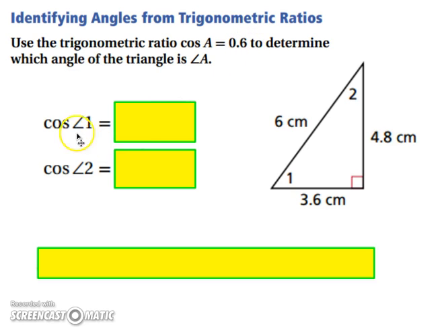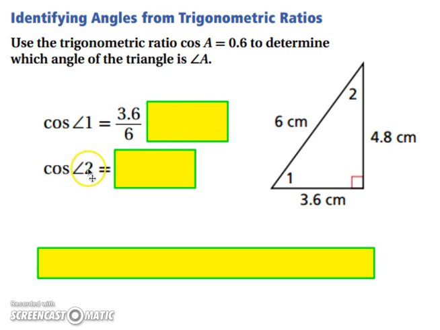So let's try to figure out whether angle 1 or 2 is in fact angle A. Well, cosine is adjacent over hypotenuse. So for the cosine of angle 1, we have 3.6 over 6.